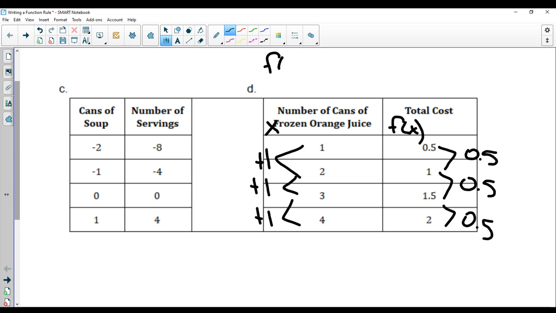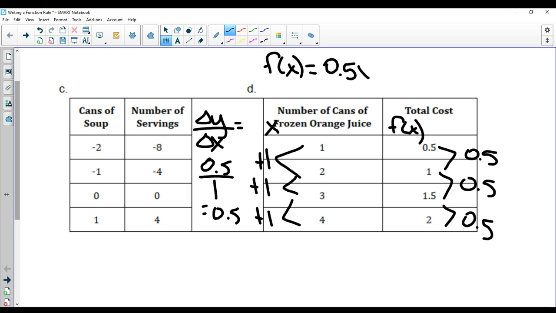All right, so I have the change in y over change in x. That is 0.5 over 1, which is still 0.5. So my a was 0.5x. Let's see if I need to add anything here for b. So take your first x and plug it in here. 1 times half is a half.